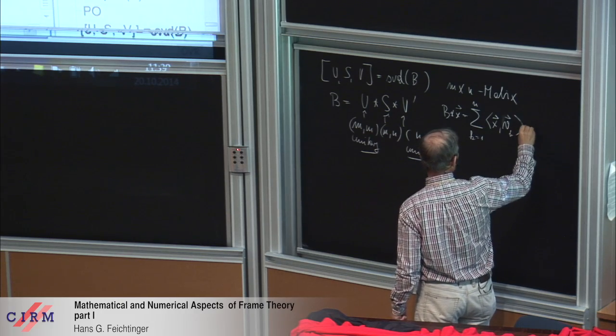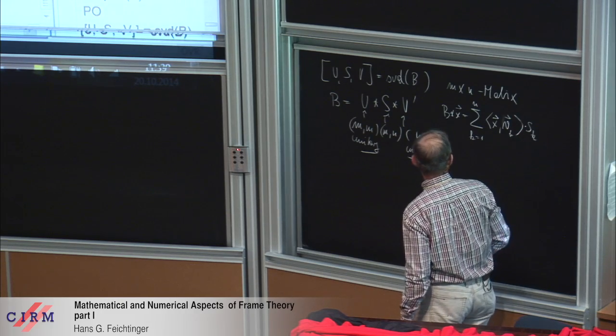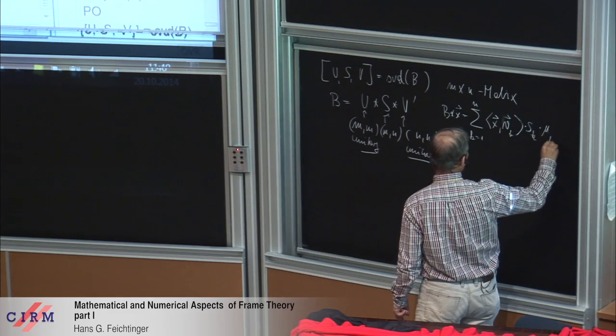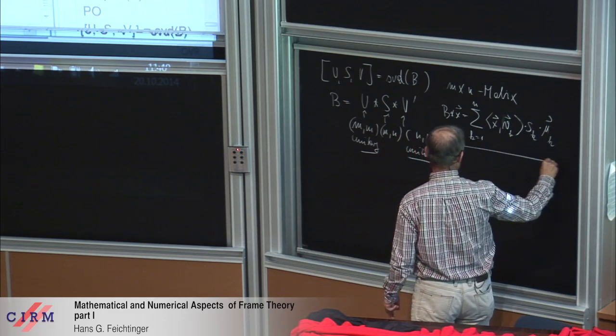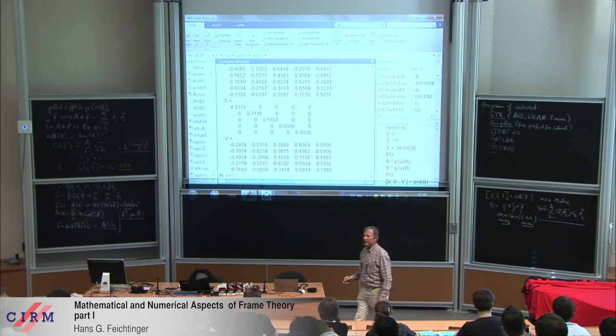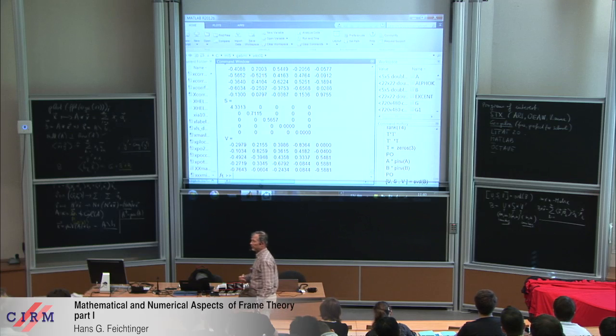Then I have to multiply with Sk, the scaling factors, and then I have to do synthesis with these vectors here. So whether you are saying every linear mapping can be written in this way with an orthonormal system, or whether you are saying that you have the singular value decomposition, is the same thing.